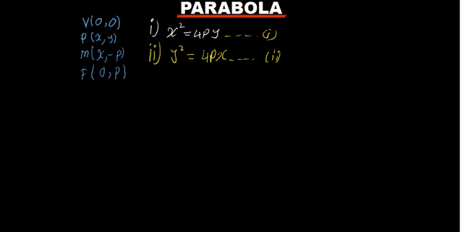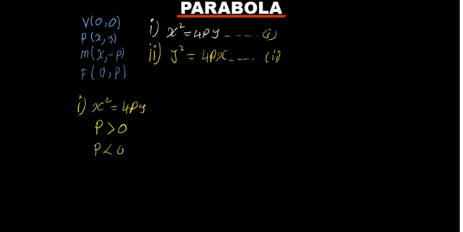Another point that I really want to bring to your attention is something that you have to know to understand this better. In terms of the first equation, x squared equals 4py, regarding opening upwards or downwards, you can simply note it this way. When our p is greater than 0, what do we have? And when our p is less than 0, what do we have?